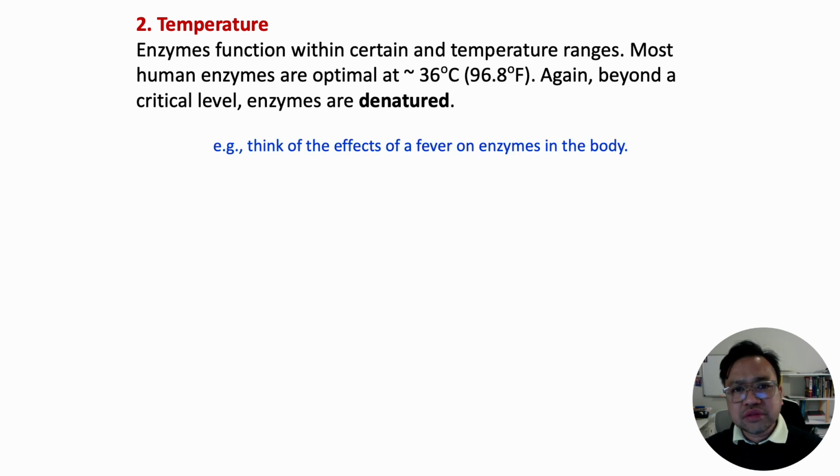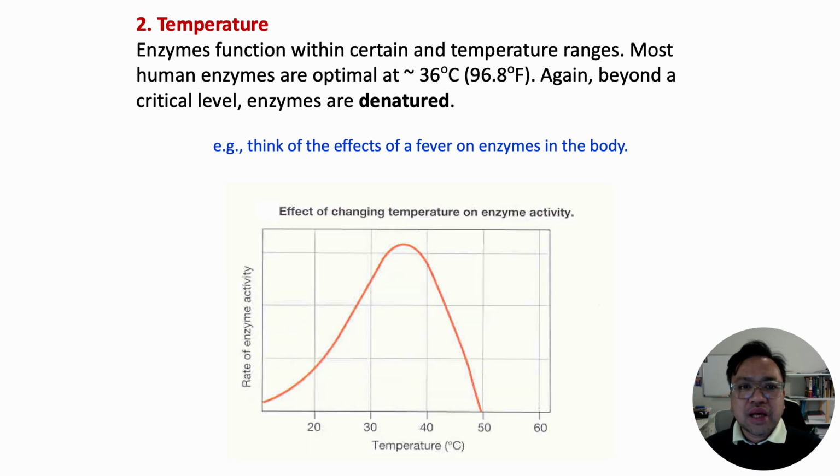Enzymes also function within a specific temperature range, with most human enzymes operating optimally at approximately 36 degrees Celsius or 96.8 Fahrenheit. Beyond this optimal temperature, enzyme activity declines sharply as high temperature causes enzymes to become denatured, resulting in the loss of their functional shape.